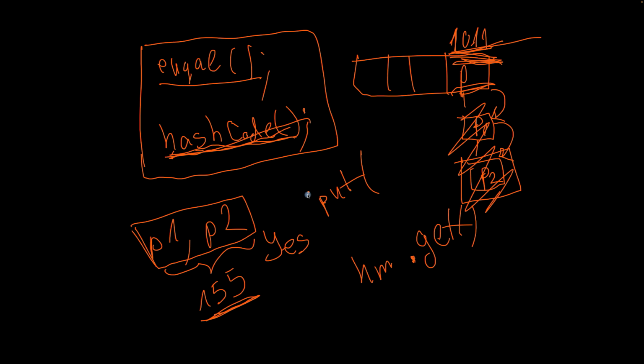When you use a hash set, you're using the map put method under the hood. So actually this implementation of hash set, I'll show you in the code, has a map inside it, and you call map put, okay.